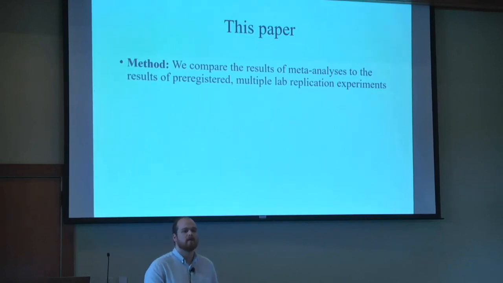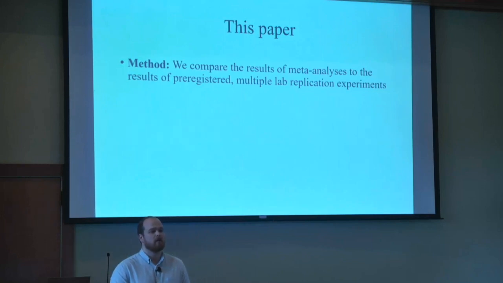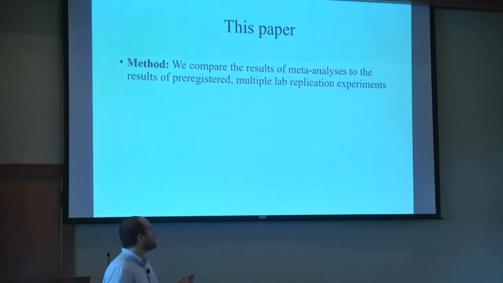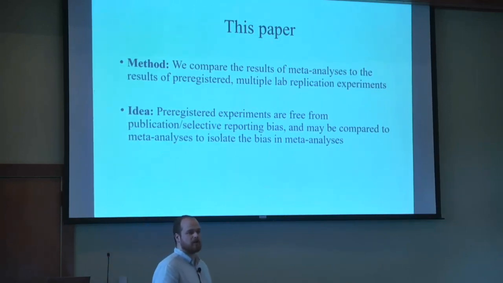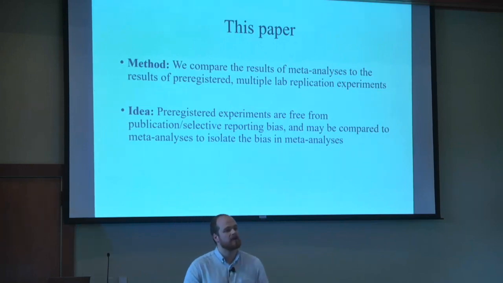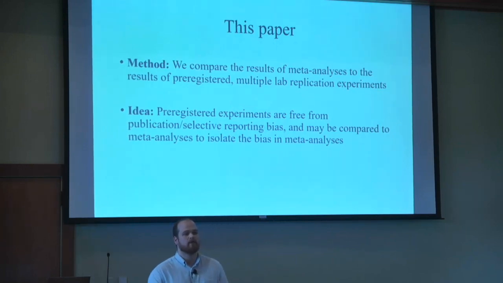That means that each replication estimate in our sample is itself a meta-analytic estimate. Because of this format, these pre-registered experiments are, on average, free from publication bias and selective reporting bias. So they form a natural baseline against which we may compare the results produced by meta-analysis.